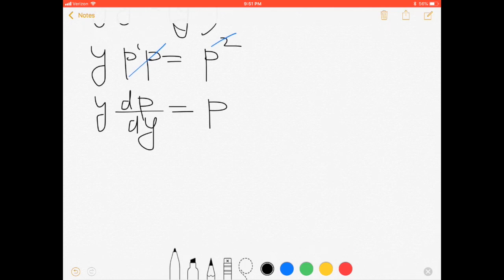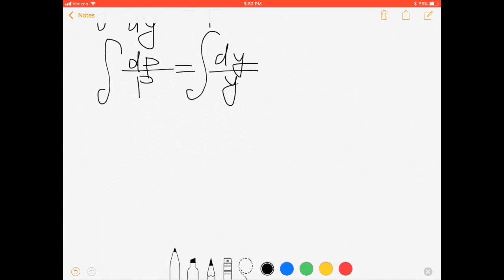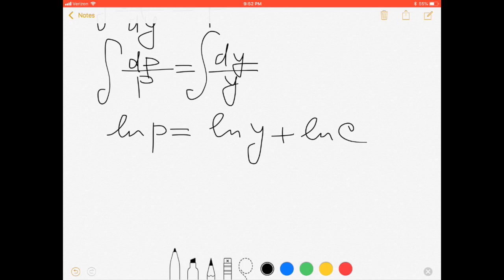Okay, this is an equation with separable variables. This means here I have dp over p equal dy over y. Take the integral of both sides, and it gives us natural logarithm p equal natural logarithm y. I need to write plus c, but I write plus natural logarithm c, because natural logarithm c can be any number, positive or negative. It's exactly what I need.